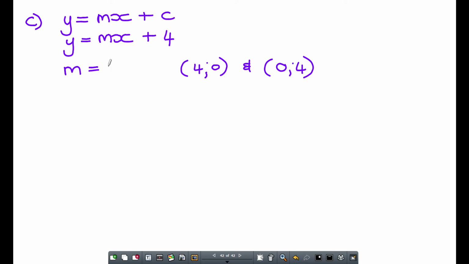So difference in y will be 0 minus 4 over 4 minus 0. That gives me minus 4 over positive 4, which means that m would be minus 1. Does it look like a negative gradient if you look at that picture? Yes.